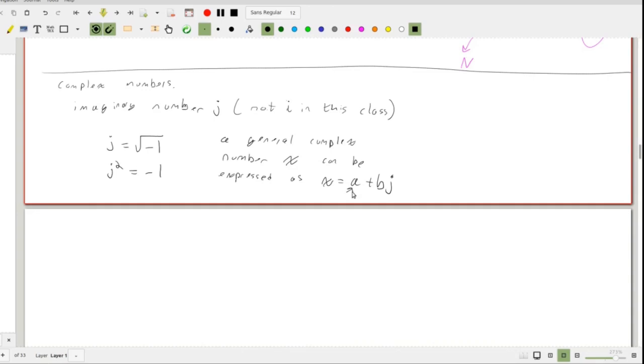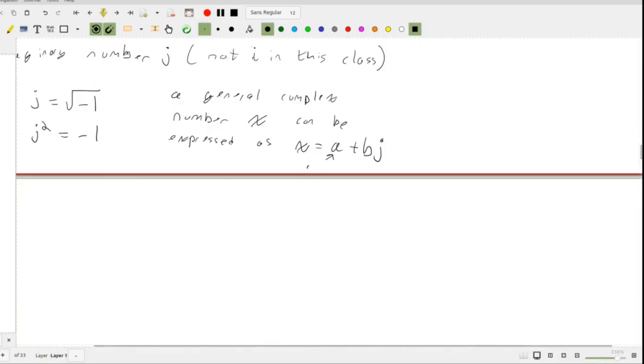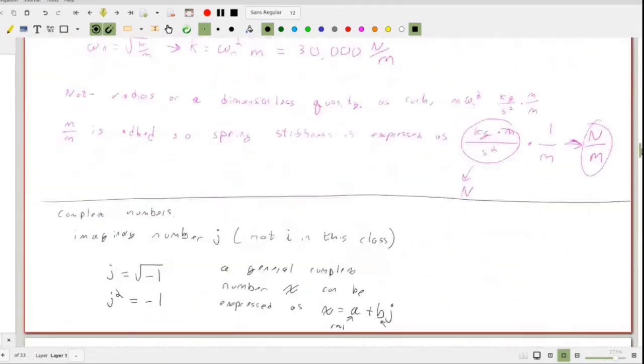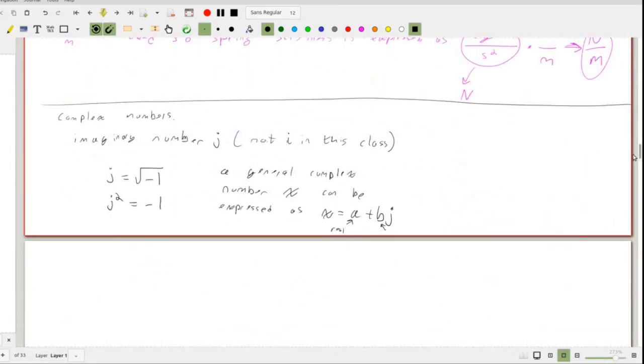What part of the complex number is A? Real, and then B is imaginary.